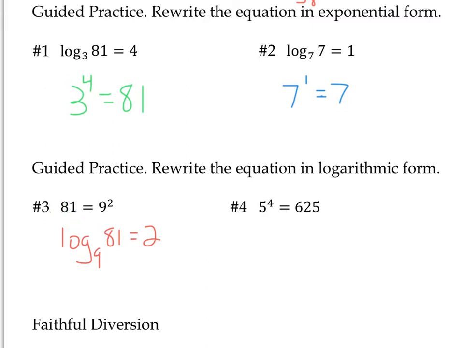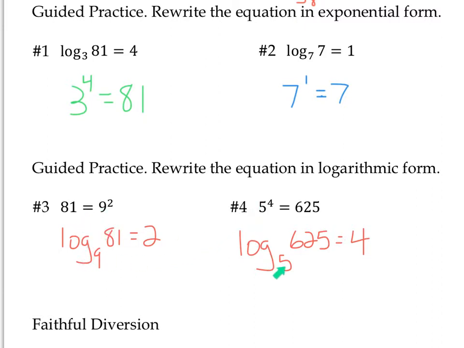So in the next example, we'd have log base 5 of 625 equals that exponential part, the power that we had in this exponential, 4. So the big thing to look for is the base. Base 3, base 3. Base 7, base 7. Base 9, base 9.